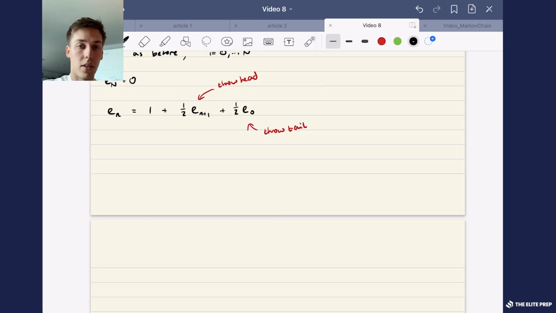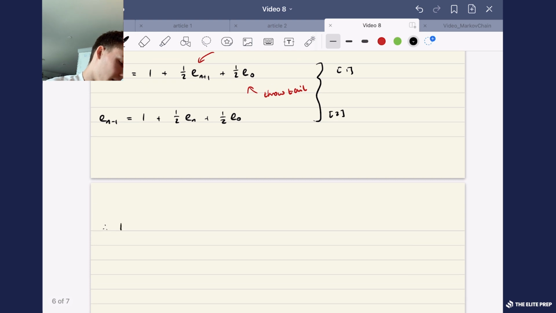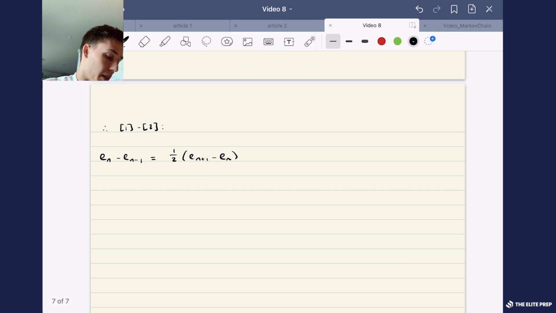But then for this formula for E_n, we can also do the following. We know that E_(n-1) is actually equal to 1 plus 1/2 E_n plus 1/2 E0. So therefore, taking the second equation from the first, we have, and this can be used to construct a telescoping sum.